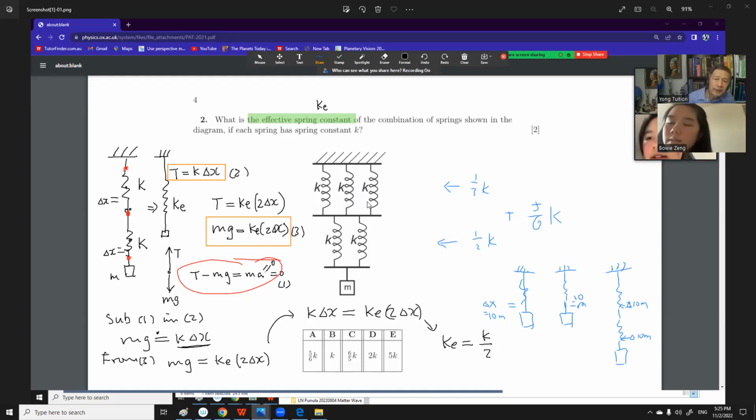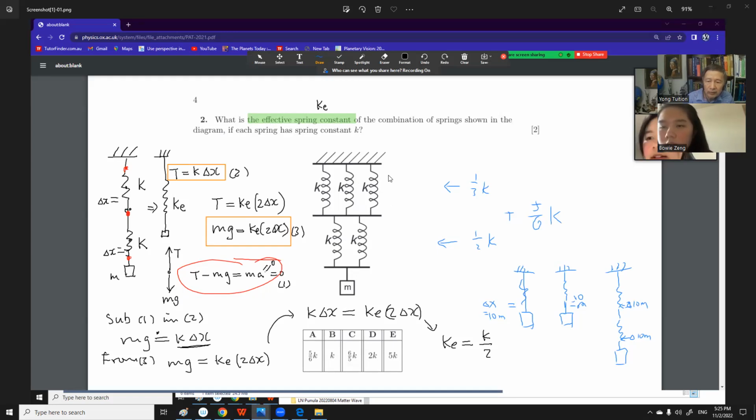Good. So basically, they are looking for the effective spring constant. This is a challenge question for many students because nobody in Australia asks this question. The idea is that by definition, you know the total force acting on the springs is mg.